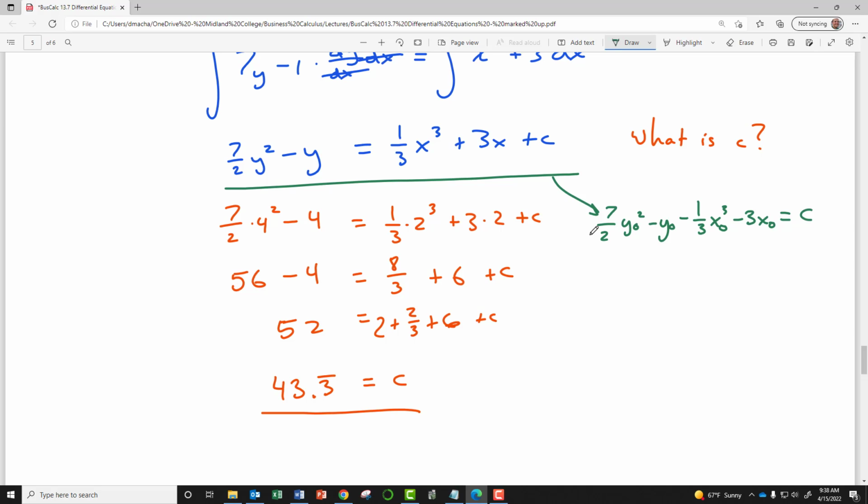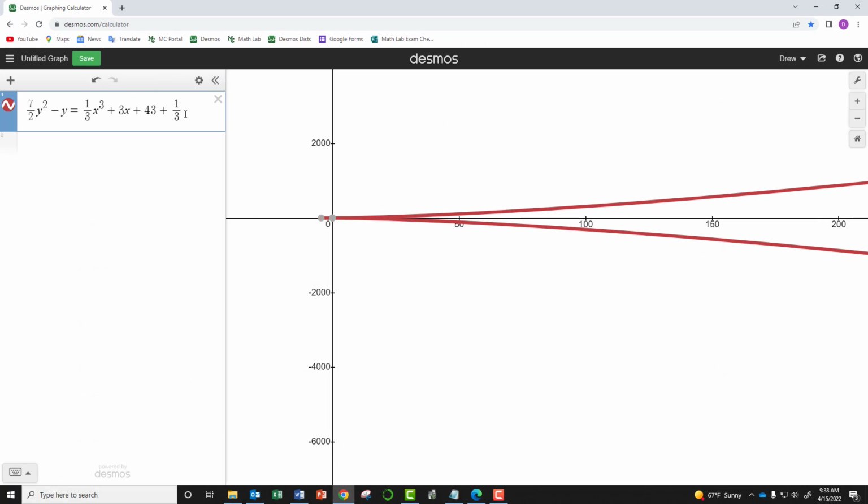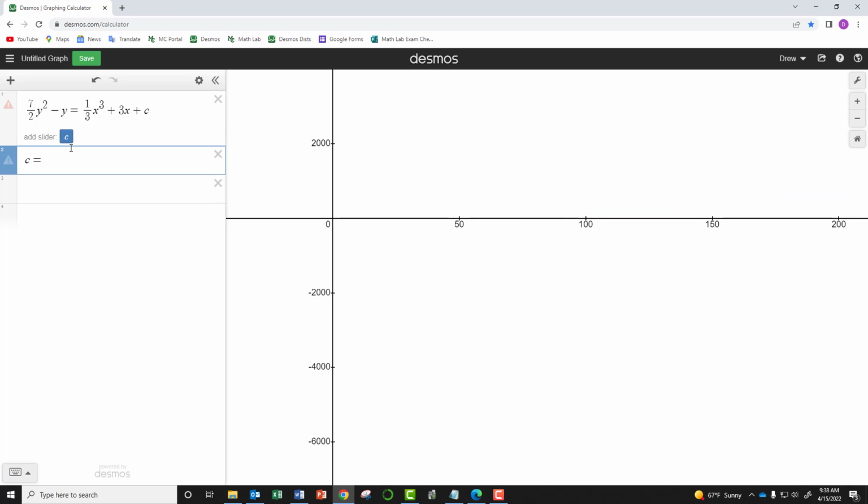Let me put that in Desmos. So I'll just replace that with a c, and then c is going to take on the values 7/2 y0 squared minus y0 minus 1/3 x0 cubed minus 3x0.